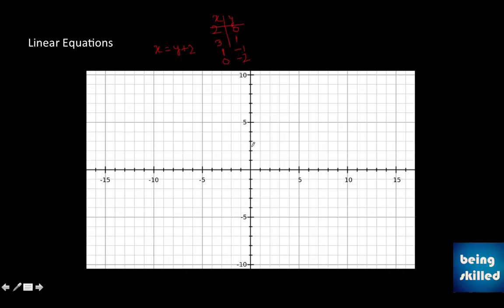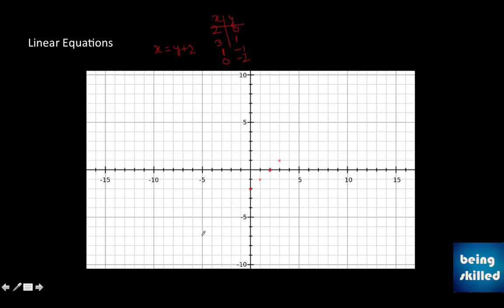First of all, we will see that if x was 0, then y is minus 2. If we have x positive 1, then y is negative 1. When we have x equals 3, then we have y equals 1. And when we have x equals 2, then y is 0.